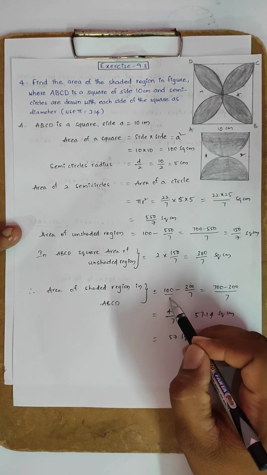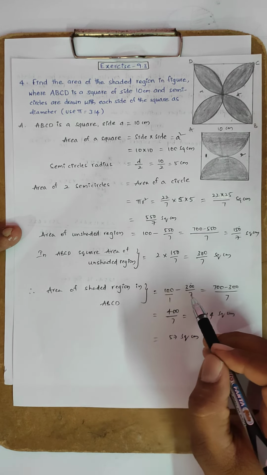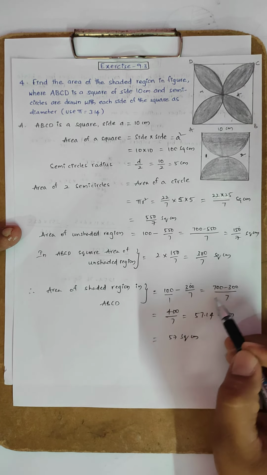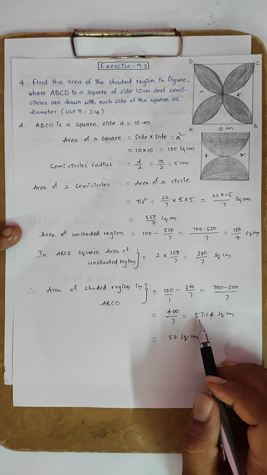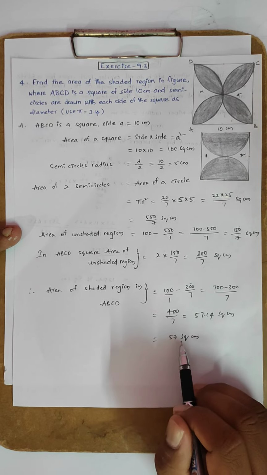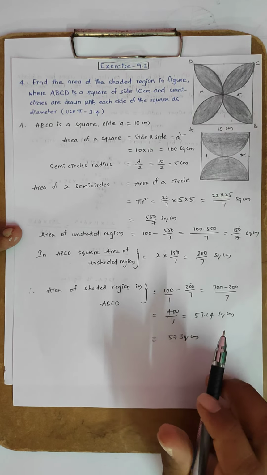For the difference, 1 7 is 7, LCM. 1 7s are 7, 700 minus 300, 400. 400 by 7 after division, you will get 57.14 square centimeter. So approximately the area of the shaded region is 57 square centimeter.